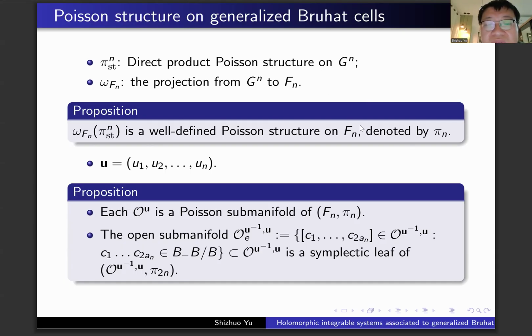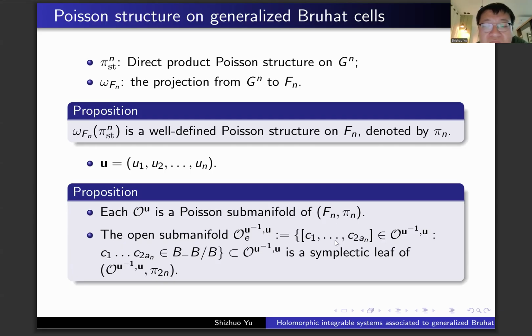We can get a well-defined structure on the multi-flag lattice F_n. And the generalized Bruhat cell is actually a Poisson submanifold of the multi-flag lattice.